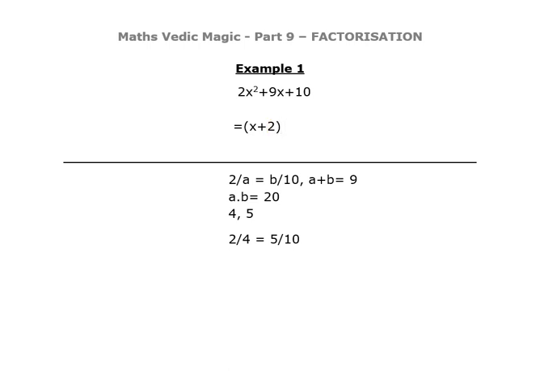Now for the second factor, we take the first term of the equation, 2x square, and divide it by the first term of the factor, which is x, plus the last term of the equation divided by the second term of the factor.